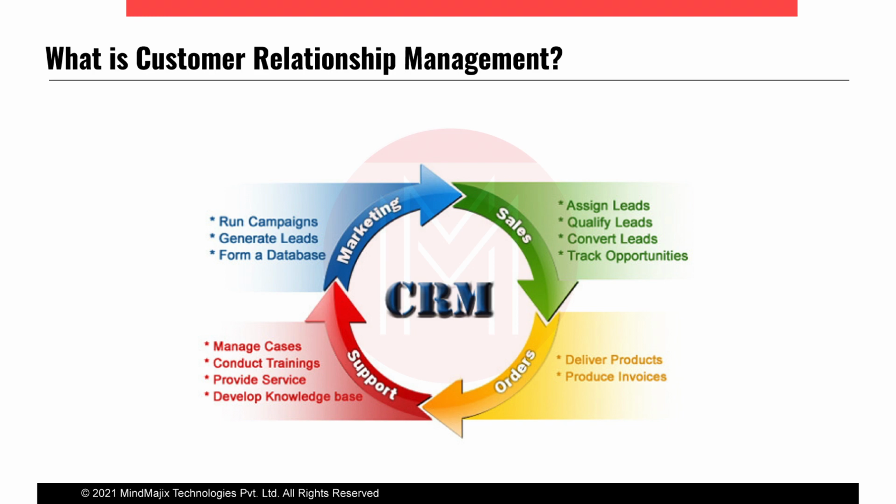Let's say I went to the store, and the customer care executive asked me, sir, what is your name? I gave my first name and last name, and he entered it in the system.